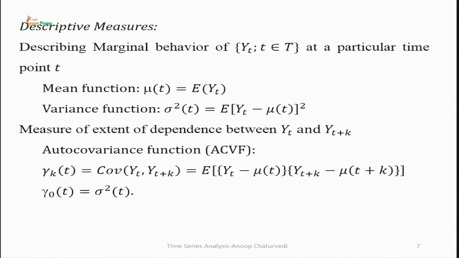So, expectation of y_t is equal to mu_t, and this mu_t is called the mean function. Similarly, the variance function sigma squared_t is equal to the expectation of (y_t minus mu_t) squared.